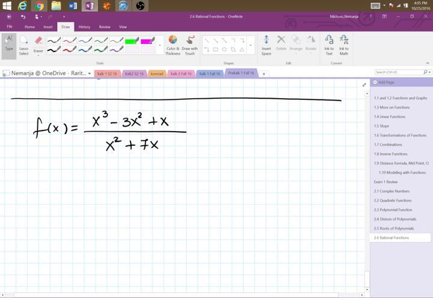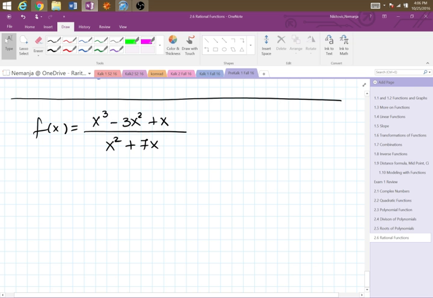Would it affect vertical asymptote? Yes. There is no vertical asymptote at 0 because that x, which you would set to 0, in the denominator is canceled. So cancellations affect vertical asymptotes. Cancellations do not affect horizontal asymptotes.